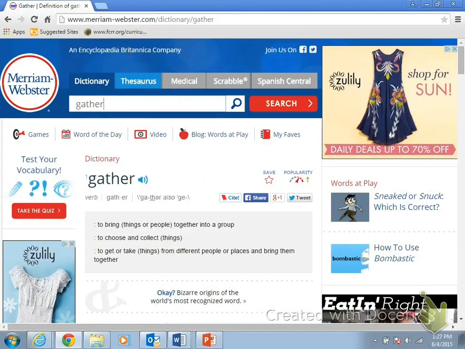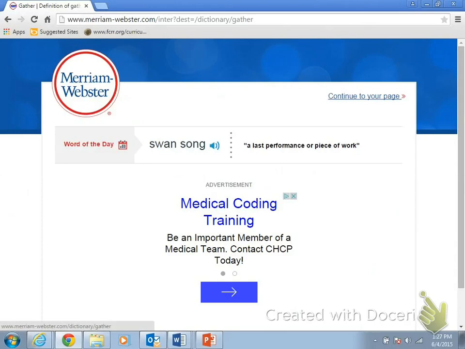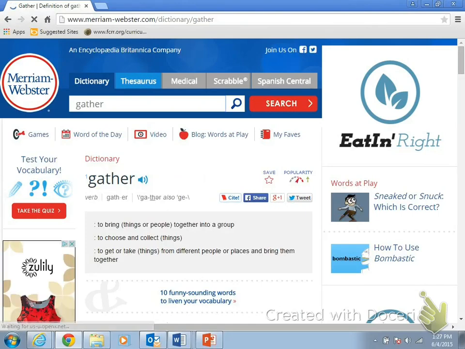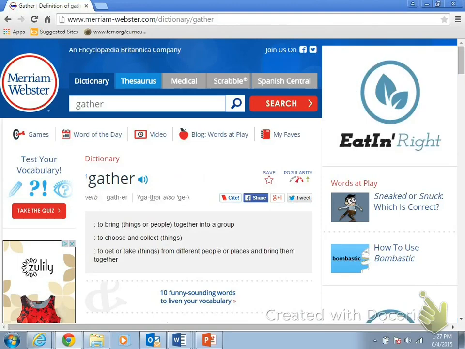So you see here in the search box, I have already typed in for you the word gather. And all you do, see it ask you what you are searching for, and you're going to type in your word, gather, press enter, and now you have the meaning of the word gather. And all the information that you need to complete your semantic web is here for you.